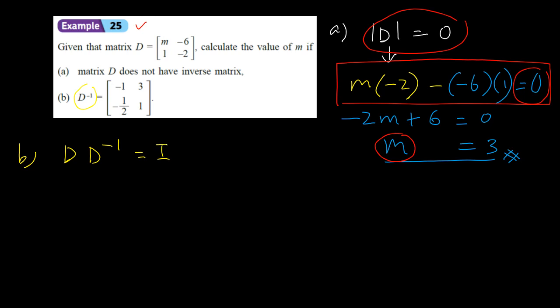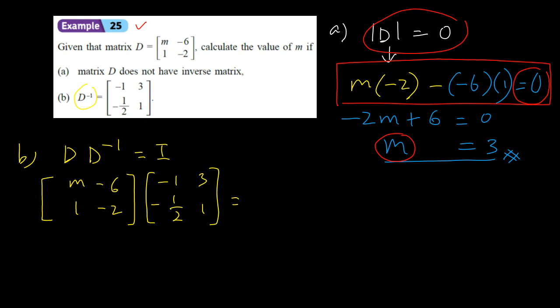So you just fill everything in. Your D is M, -6, 1, -2, times -1, 3, -1/2, 1. You will get identity 1, 0, 0, 1, right?